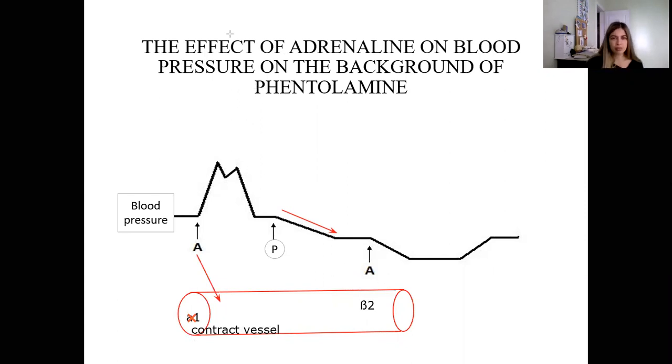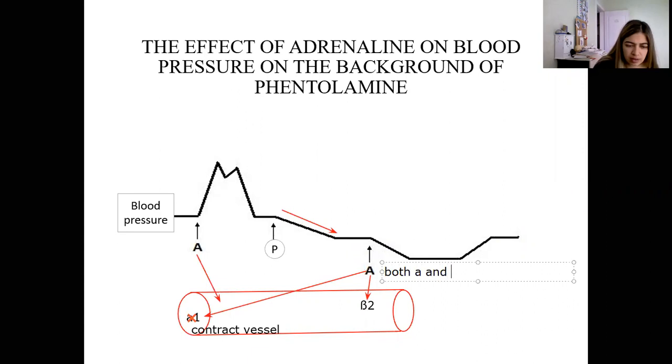adrenaline. But what happens? Adrenaline now cannot work on these receptors because they are blocked. But it can work on beta-2 receptors, because we remember that adrenaline works on both alpha and beta adrenoreceptors.